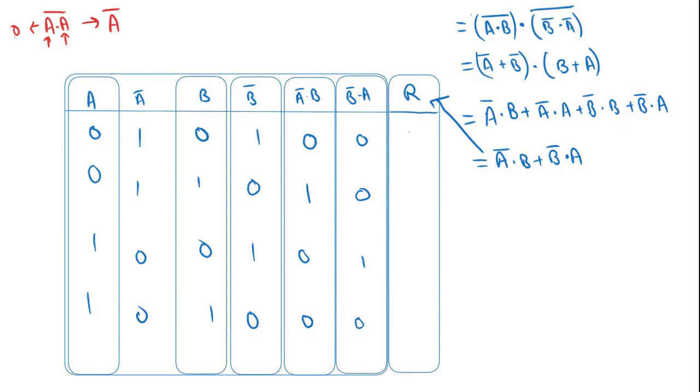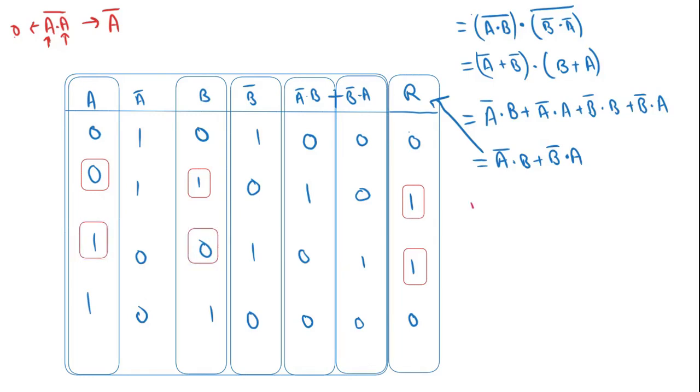So our final result, which should be the OR of these two since there's a plus here, is 0 plus 0 is 0, 1 plus 0 is 1, 0 plus 1 is 1, 0 plus 0 is 0. Now what we need to observe are the cases when this is 1. This is 1 when I have B as 1 and A as 0, and again when B is 0 and A is 1.